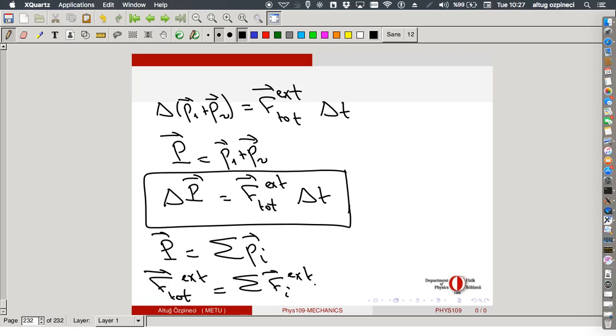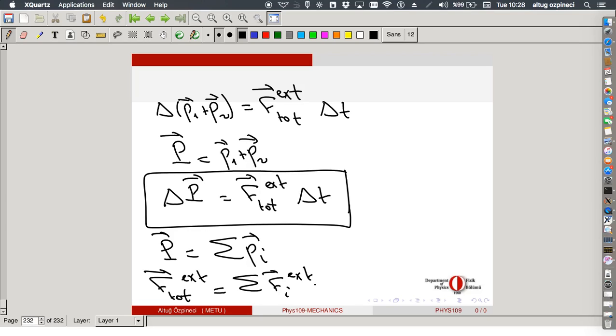In fact, this is our first step to go beyond point particles. Up to now, although we didn't state it explicitly, we were always assuming that the masses we are studying are point objects. Although they were not point objects, we were treating them as if they were. Now, this result is our first step to prove that what we were doing was correct.